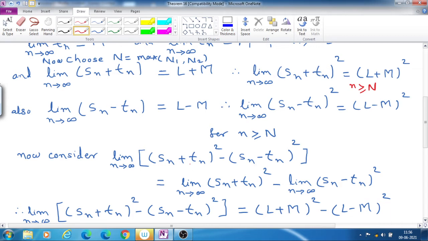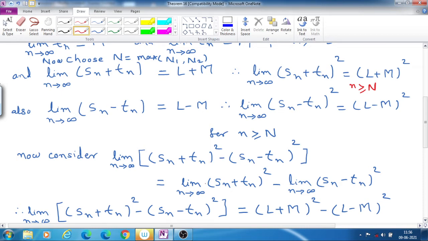We have taken this because if we calculate, this is like (a plus b) square minus (a minus b) square, and if we solve these two, the squares get cancelled and we get 2 times Sn into Tn, 4 times actually.